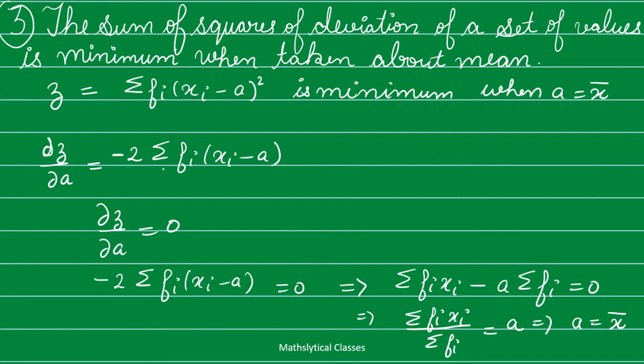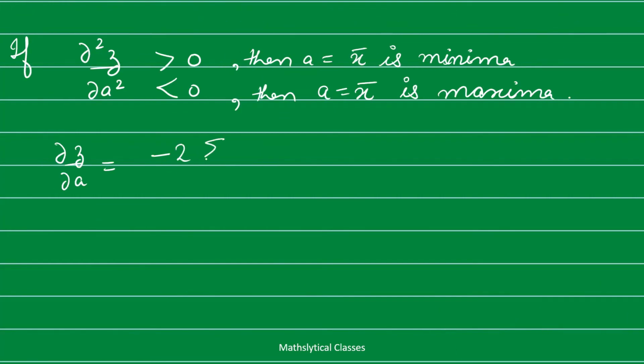dz upon dA is minus 2 times summation fi xi minus a. Let's find out the second derivative, d2z upon dA square. Now see, minus 2 times summation fi xi is constant, and when we do the derivative of minus a, it comes out to be minus 1.